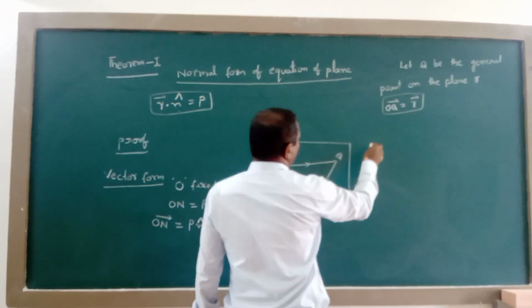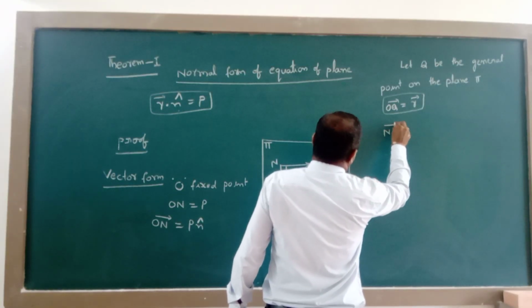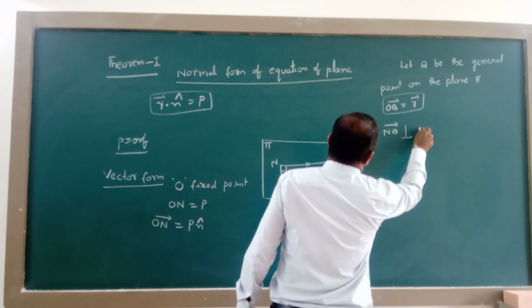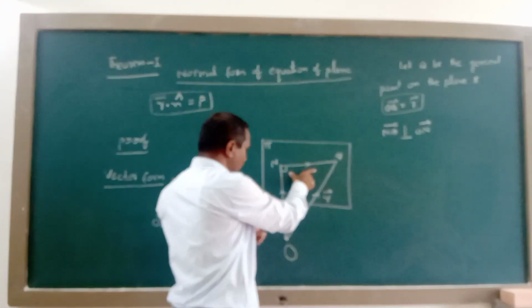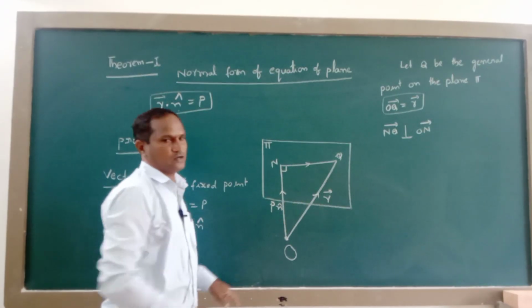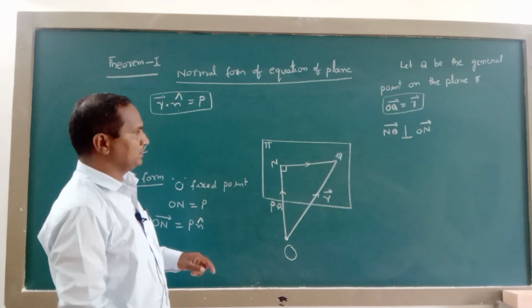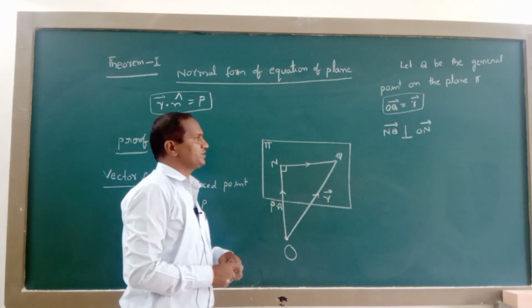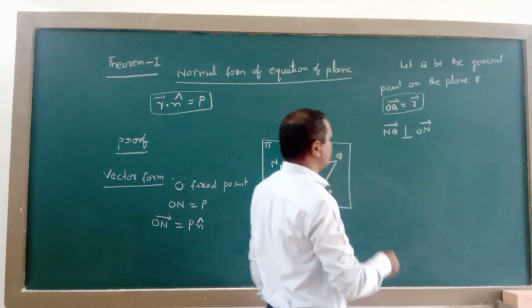At the same time, NQ vector is perpendicular to ON vector, because NQ and ON are perpendicular to each other. Whenever two vectors are perpendicular to each other, we must take their dot product as 0.